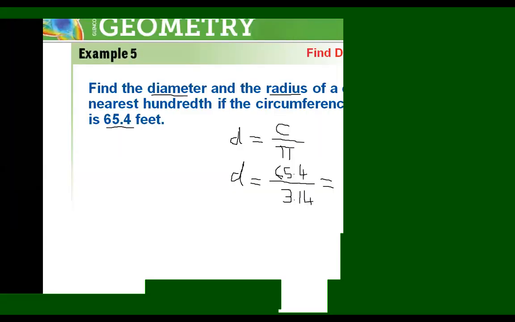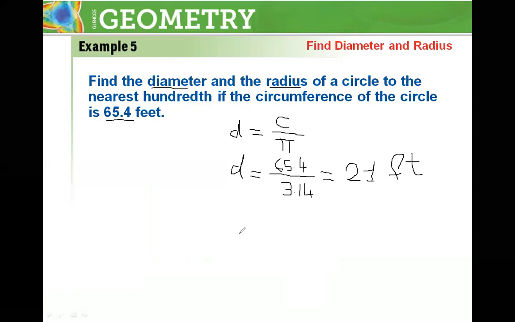So we have here Sulaiman al-Mihedib. Sulaiman, the diameter equals 21 feet. Can you get the length of the radius? Mister, I can't see the board.